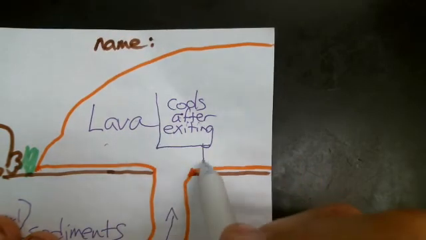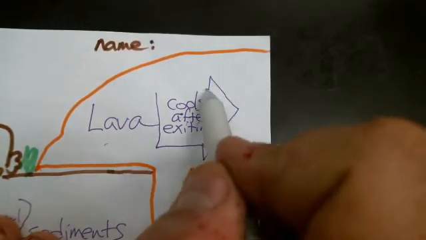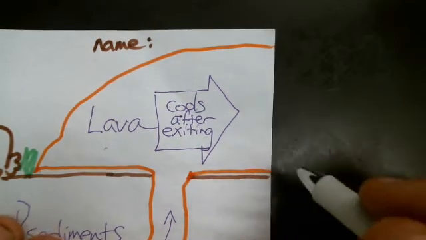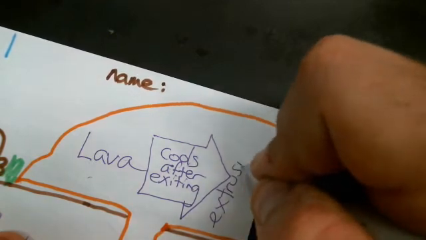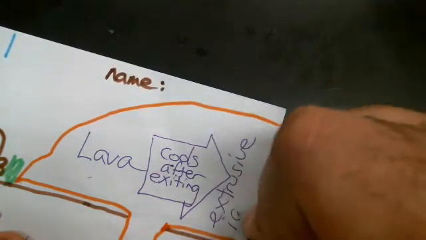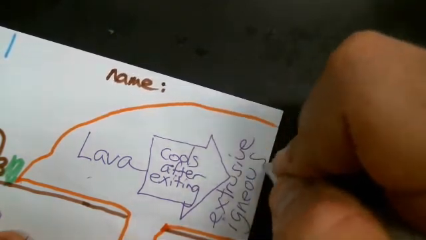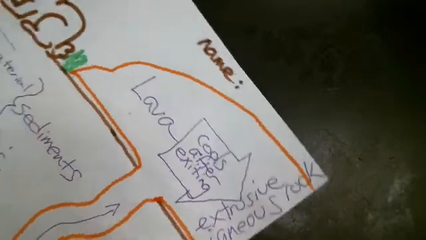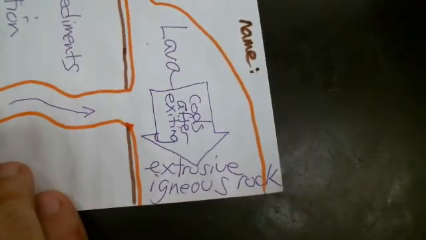And I'm going to make this into a big arrow. And once it exits, it becomes extrusive igneous rock. I'll turn it here so you can see the spelling there.